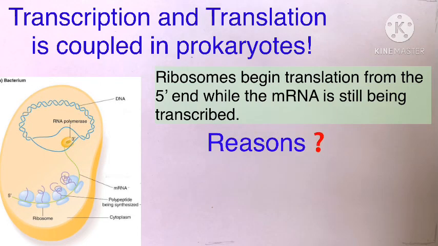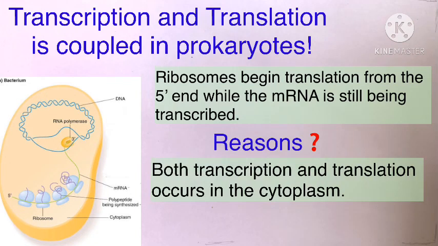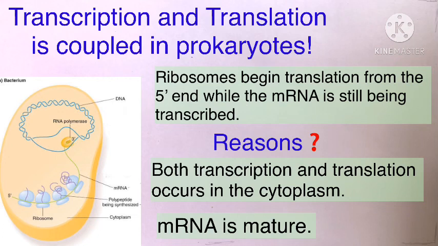And the 2 main reasons why prokaryotes have coupled transcription and translation are: firstly, prokaryotes lack a separate nucleus, and consequently both transcription and translation occur in the cytoplasm. Secondly, the newly synthesized mRNA in prokaryotes is an uninterrupted mature mRNA that can be translated right away.